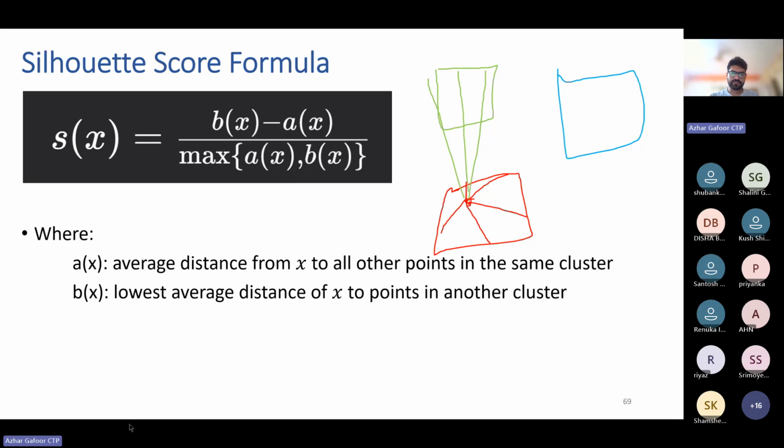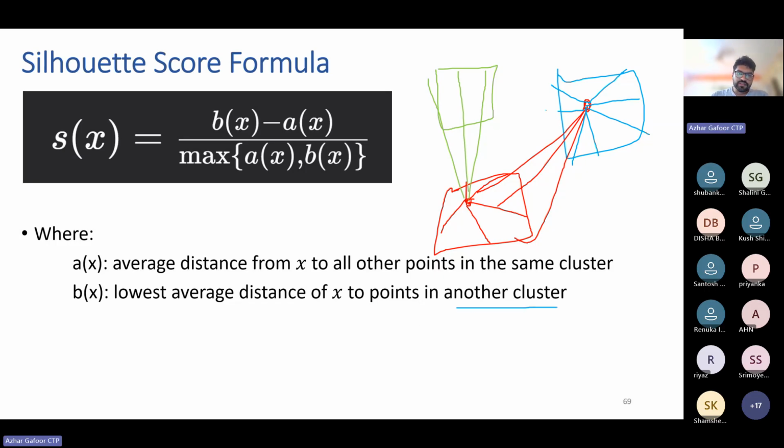Now let's say we have another point here, which is classified as a red point again. Now we are calculating the distance. A is this distance, which is high. Then B is this distance, because B is the lowest average distance of X to another cluster.